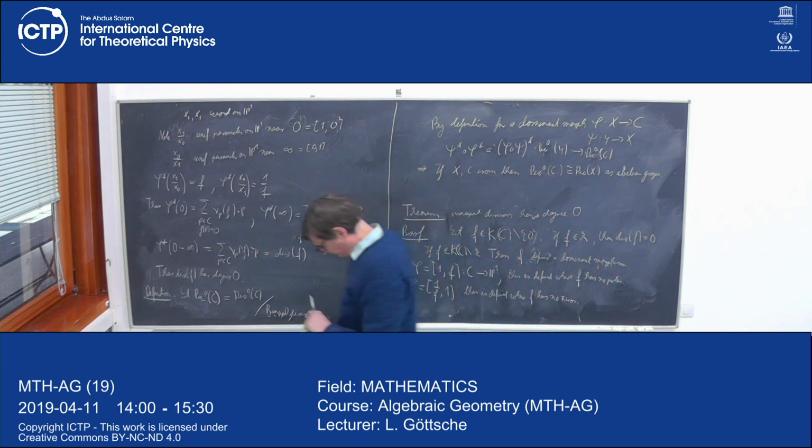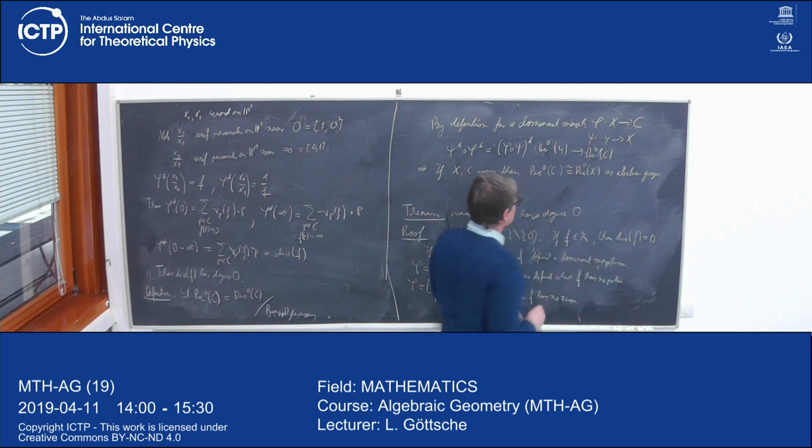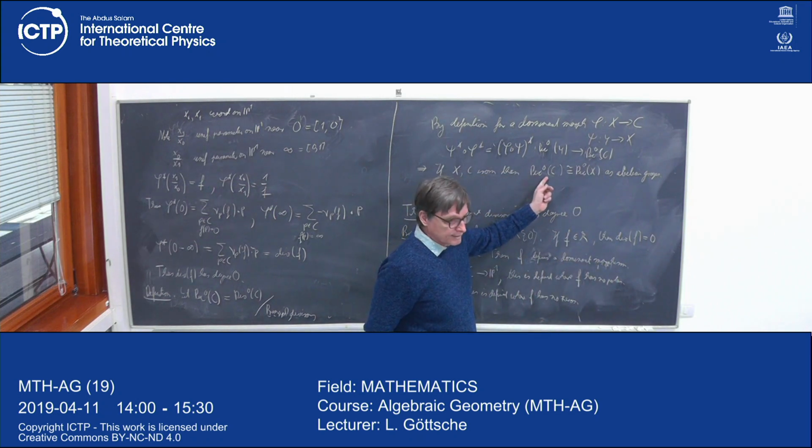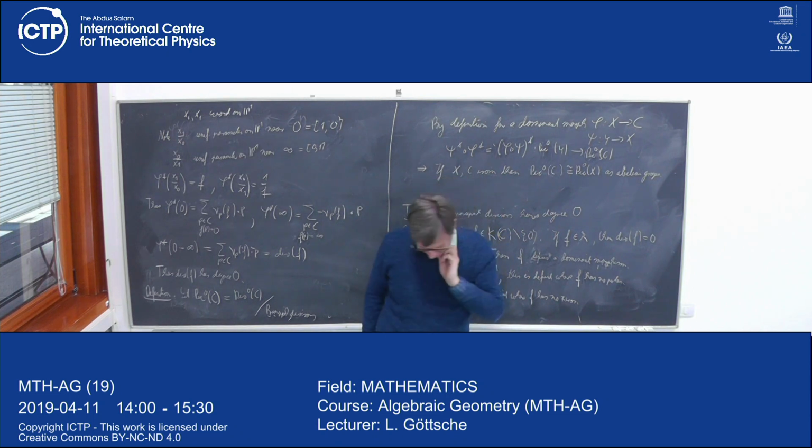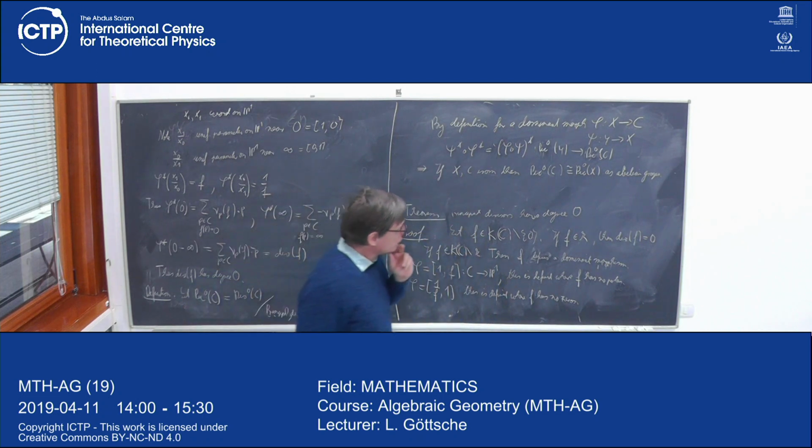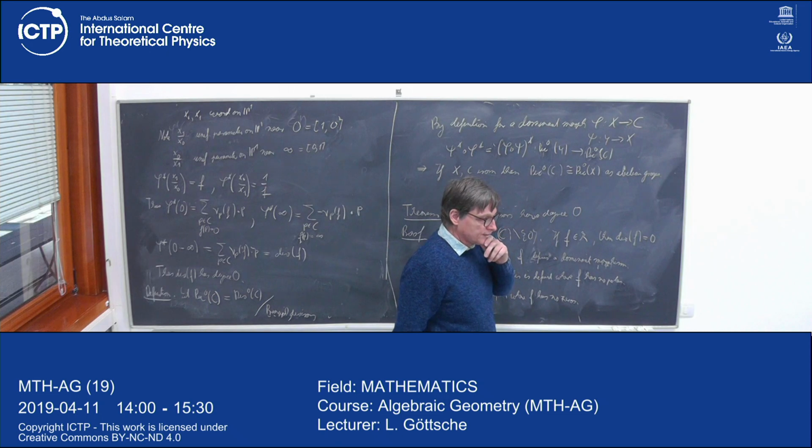And now, it's not clear from what I said, but this is really quite a fine invariant. So what one can show, if we have enough time, we will show, is that if for instance you have a curve of degree 3 in P2, then this Picard group is actually in one-to-one correspondence with the curve itself.